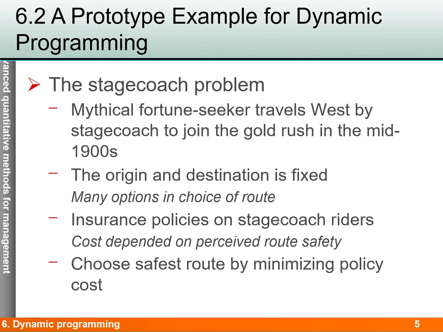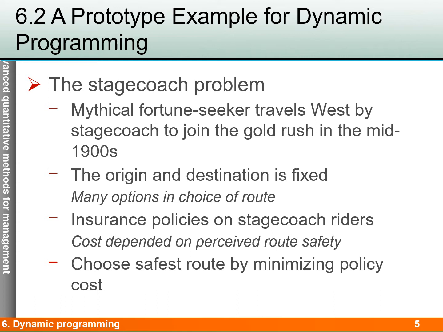Because the cost of policy for taking any given stagecoach run was based on a careful evaluation of the safety of that run, the safest route should be one with the cheapest total life insurance policy. What I told you. So the item that we are searching for is choosing the safest route by minimizing policy cost.